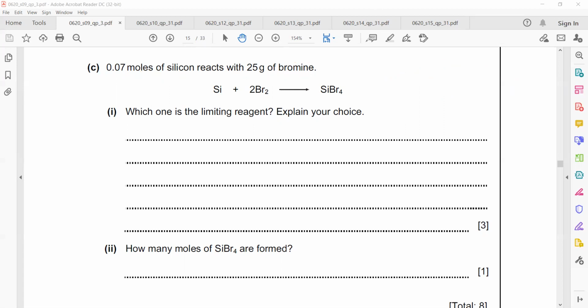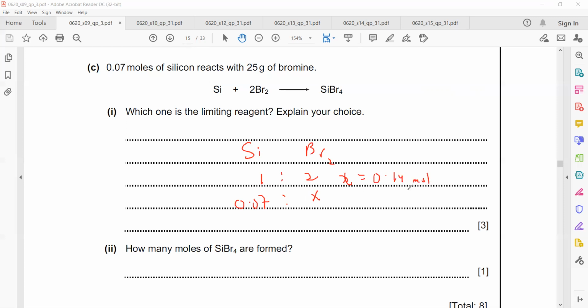But look, you can do that method also. For example, you have silicon and bromine. The ratio between them is 1:2. So if I have 0.07 moles of silicon, then it will be X moles of bromine. Cross multiply, and it will be 0.14 moles of bromine.